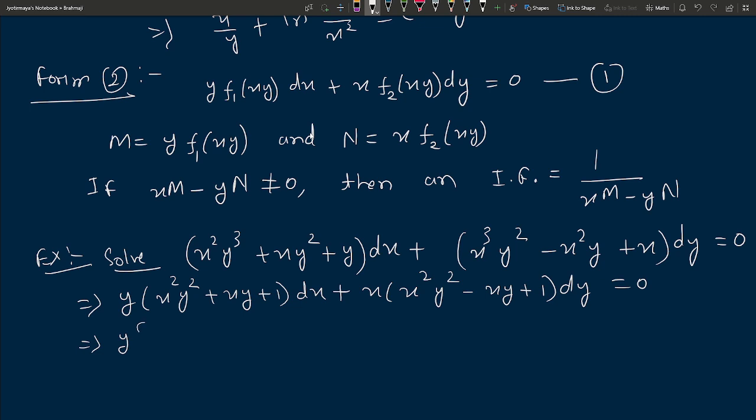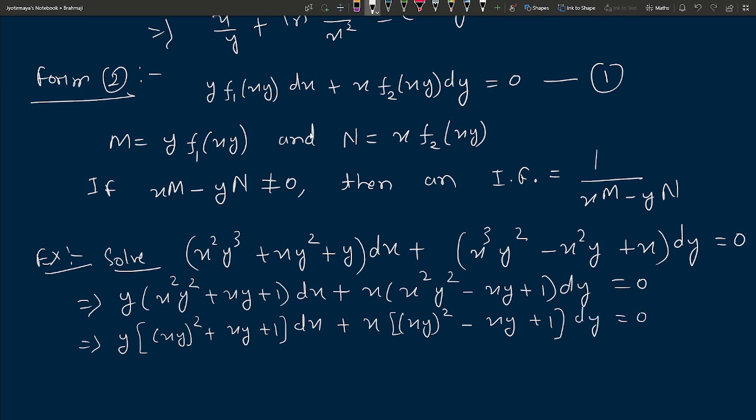Now see, this is y times (x²y² + xy + 1) plus x times (x²y² − xy + 1). So this is your function of xy. This is your y times a function of xy dx plus x times another function of xy dy equal to 0.